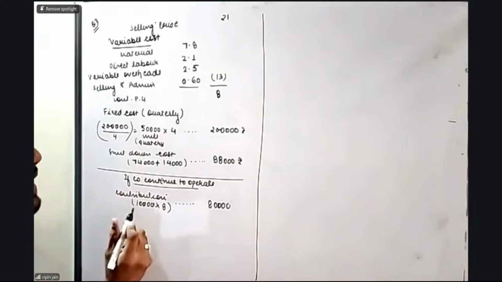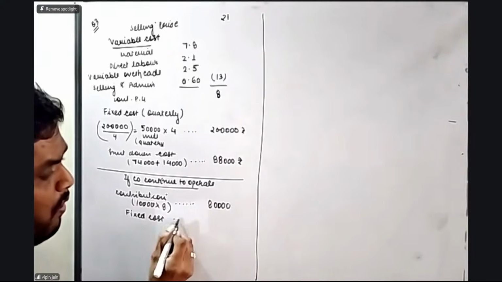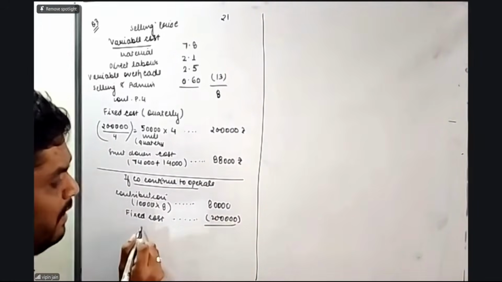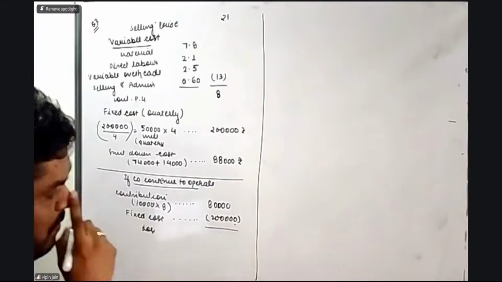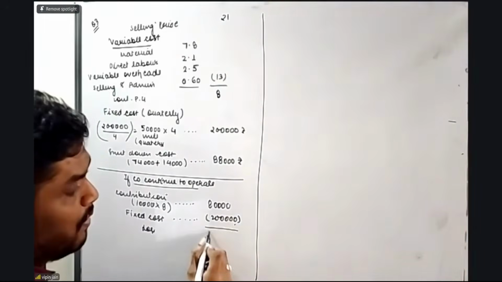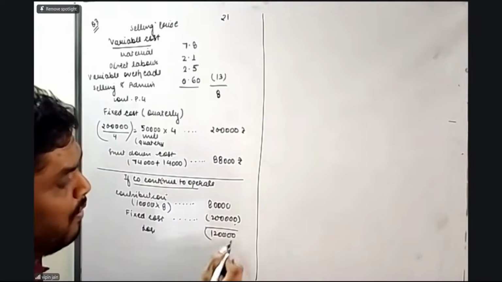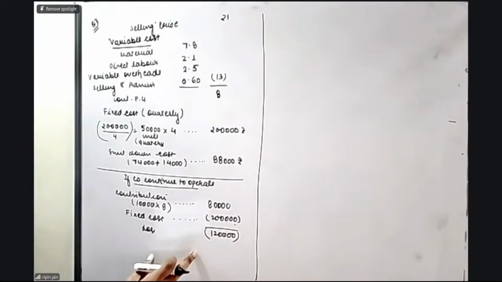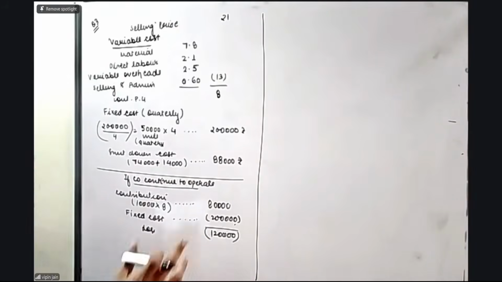My fixed cost I have already calculated, that is 2 lakh. So there will be a loss of how much? So if we continue the plant during the quarter, there is a loss of 1,20,000. If we shut down the plant, there is a loss of 88,000. So it's better to shut down the plant, bearing a loss of 88,000.